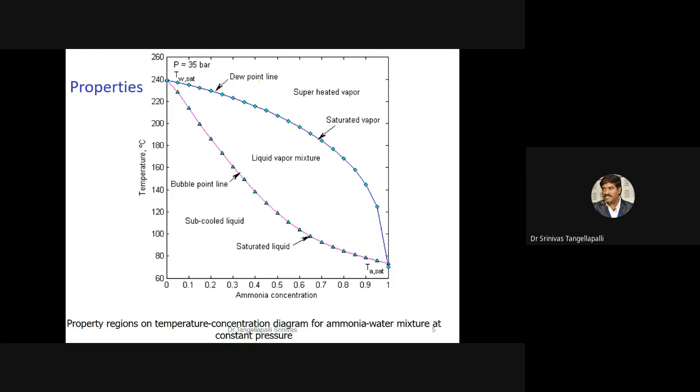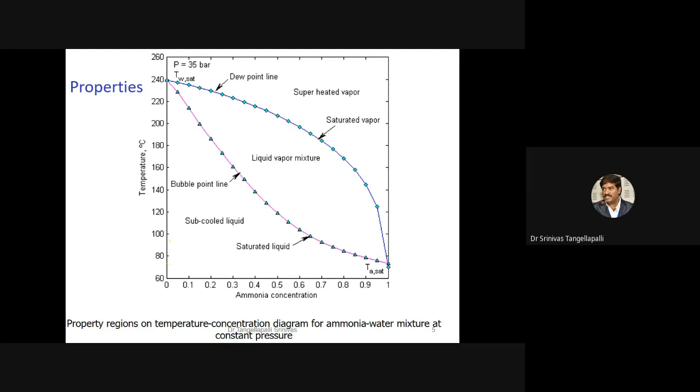And the temperature in degrees centigrade is changing. For example, at 35 bar, the saturation temperature of water at x equal to 0 is 240 degrees centigrade. If you refer to the steam tables, you can find the saturation properties exactly. And at 35 bar, the saturation temperature of pure NH3 is around 70 degrees centigrade.